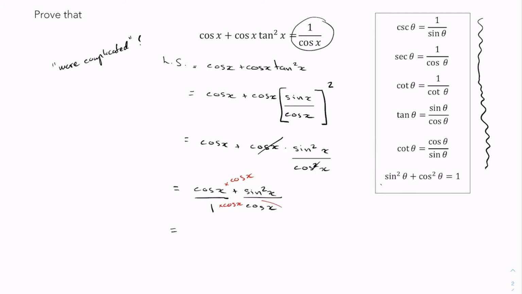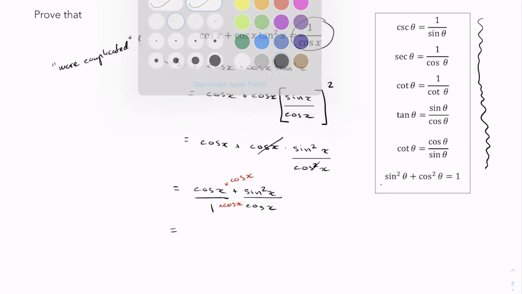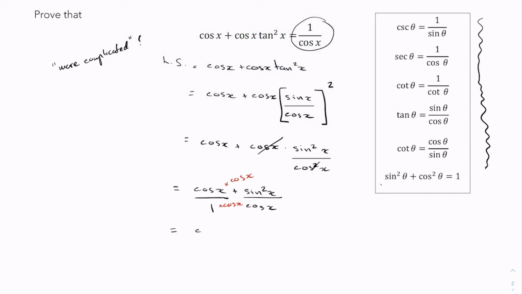Again, I just want to be able to combine these fractions together, and to do that I need a common denominator. So I multiply top and bottom. In my numerator I'm going to get cos squared x, and that'll be over cos x, plus sine squared x over cos x.